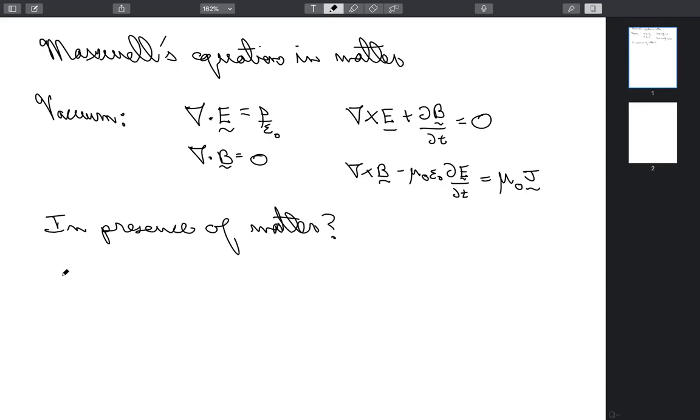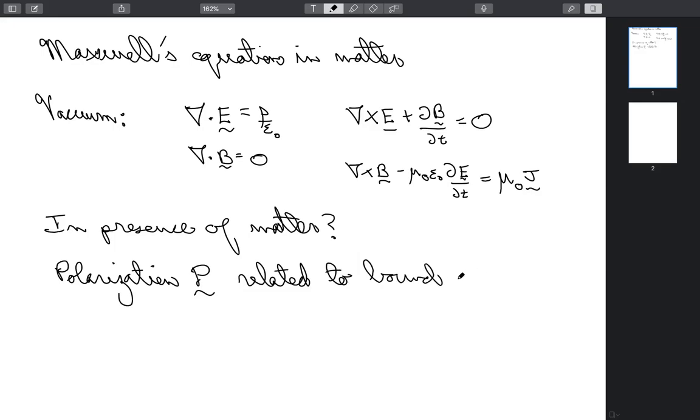So what we had, you remember, we had the electric polarization, which was a vector P, which was related to the so-called bound charges through the relation that the density of bound charges was simply minus the divergence of the polarization.